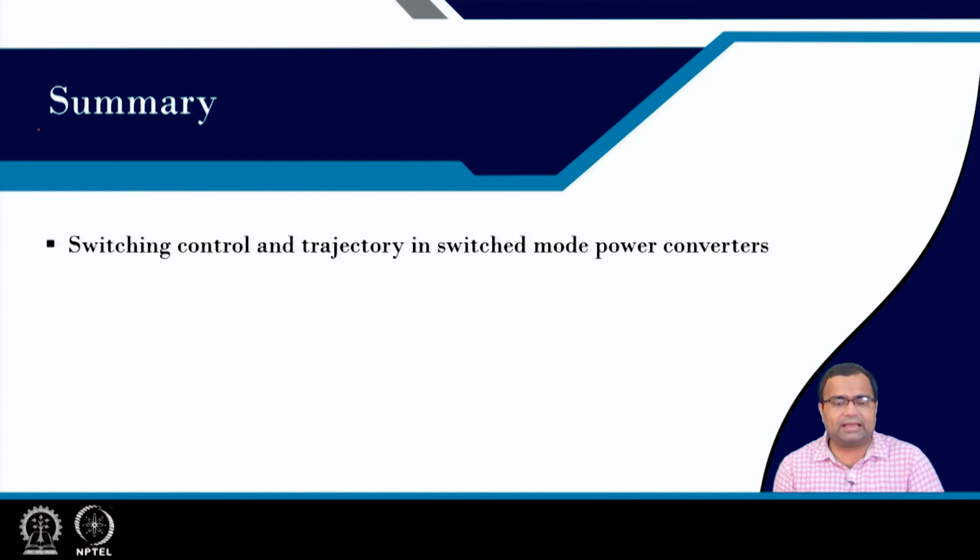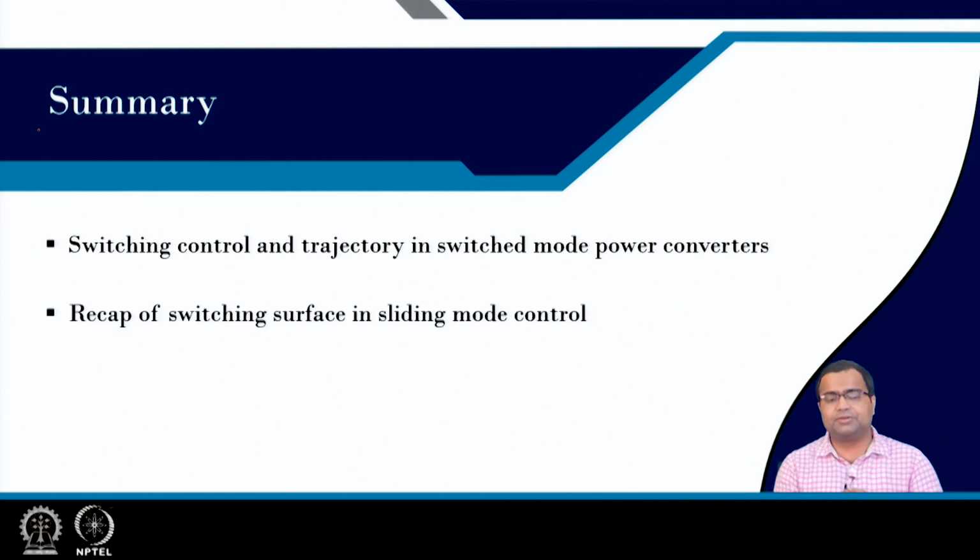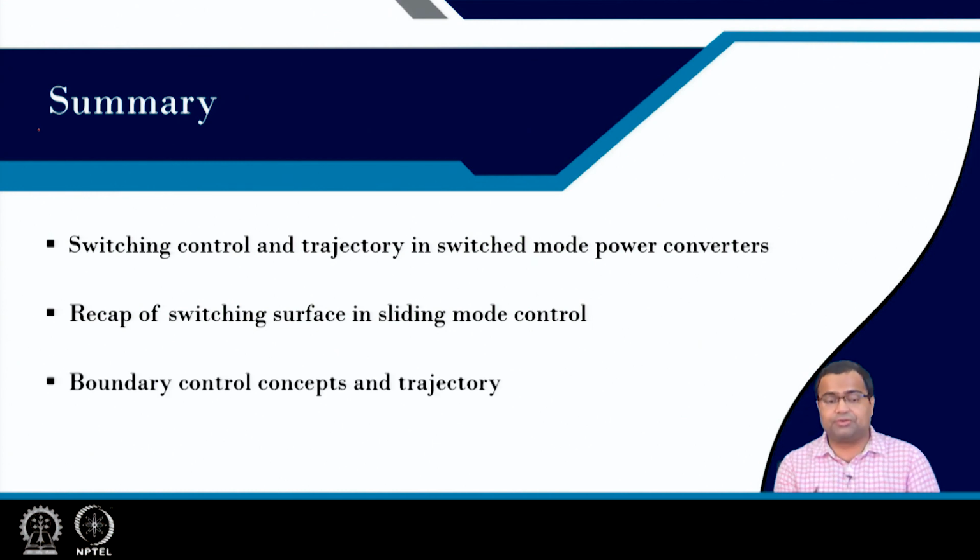So, in summary, we have discussed switching control and the trajectory in switch mode power converters. We have discussed the switching surface in sliding mode control. We have discussed the boundary control concept on trajectory, and we have also discussed sliding mode control. Actually, boundary control is a subset of sliding mode control where we want to design the surface to make it look like a target trajectory.